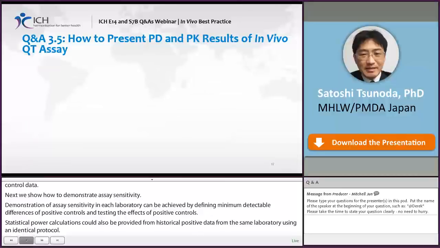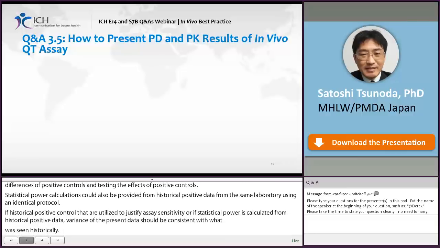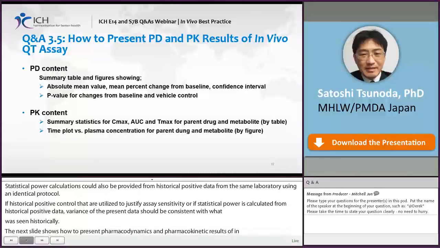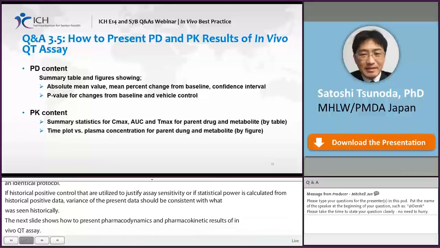Next slide shows how to present pharmacodynamic and pharmacokinetic results of the in vivo QT assay. In PD content, a summary table and figure are shown: absolute mean value, mean percent change from baseline, confidence interval, and p-value for changes from the baseline and vehicle control.